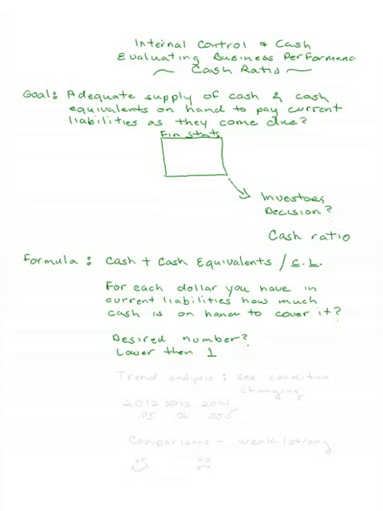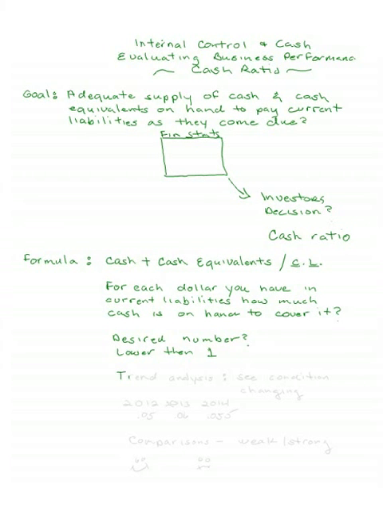Cash would be best spent invested in other things that you can get a higher return than whatever small amount your savings and checking and short-term investments are paying. So you want it to be lower than 1.